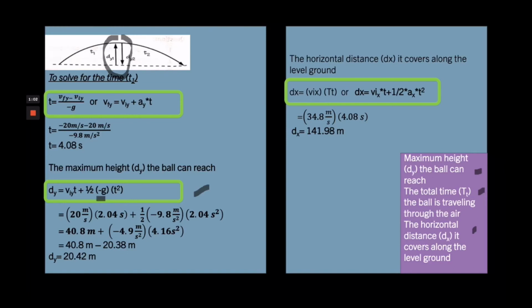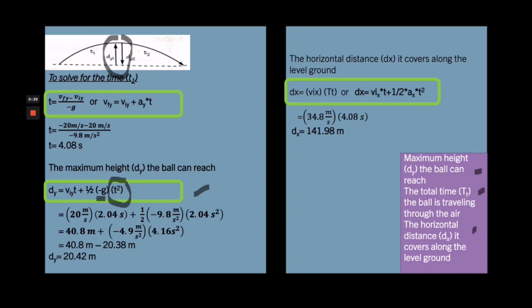However, we cannot directly solve for the displacement y because we don't know the value of the time yet. So to know the value of time, we need to use another kinematic equation where we can find time based on what is given on our problem.